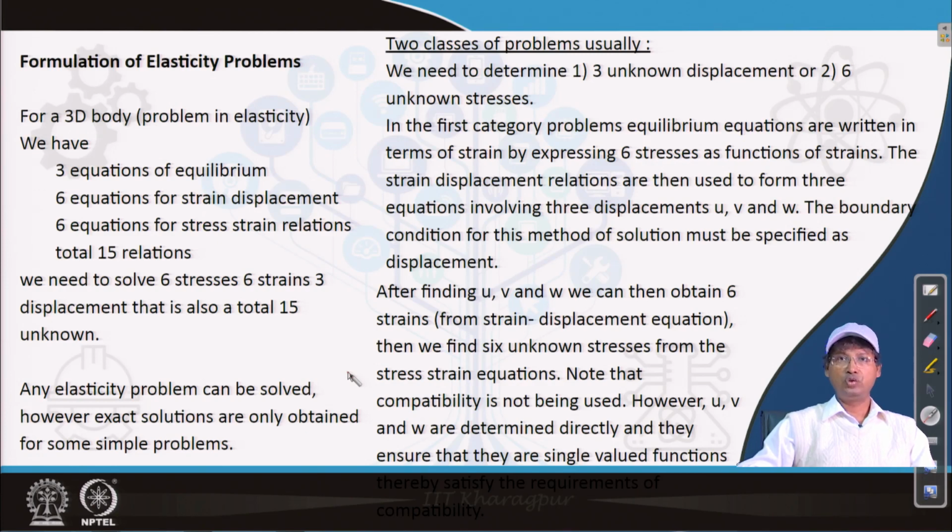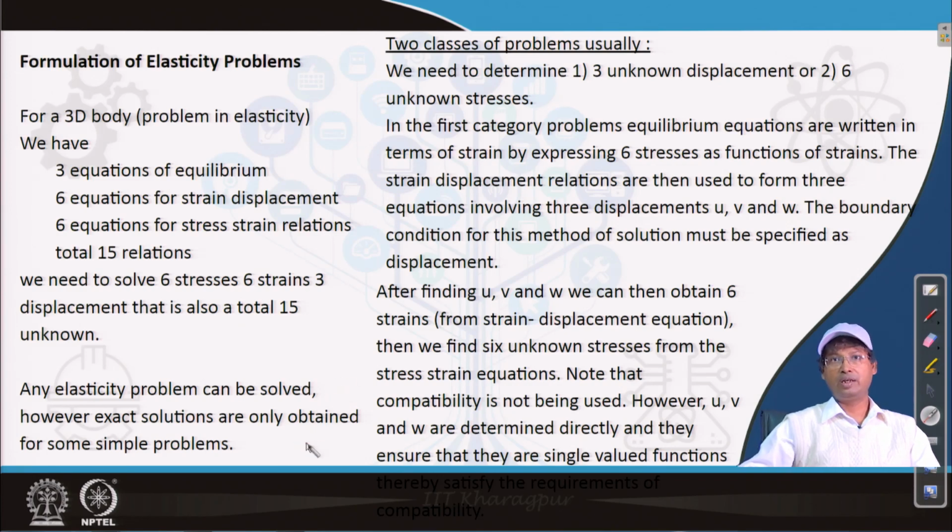Those approximate methods are invented, and using these conditions satisfied for a smaller domain, they go for the larger domain analysis, using computers and modeling of those solids. Even if it is complicated, we can find solutions, and we cannot find solutions for all problems following the elasticity approach.